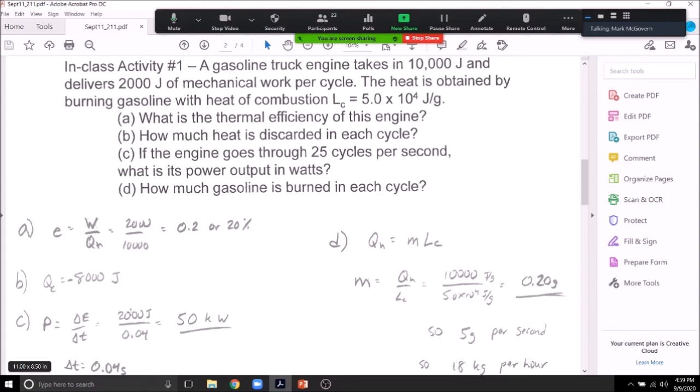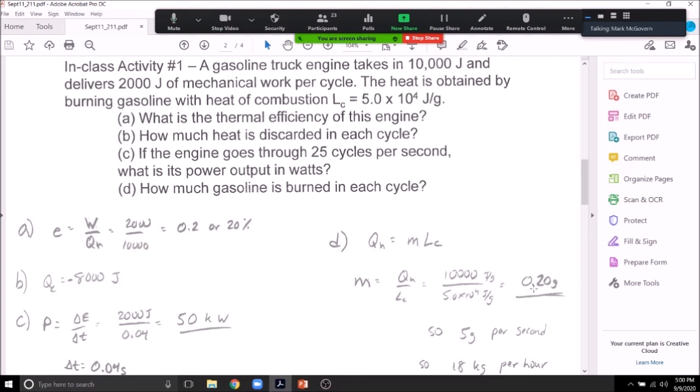So we take our 10,000, sorry, the units here, it says 10,000 joules per gram. It's just joules. 10,000 joules, that's in one cycle. The heat of combustion is 5 times 10 to the 4. So we end up with 0.2 grams. So every cycle, 0.2 grams of fuel are being used, okay?